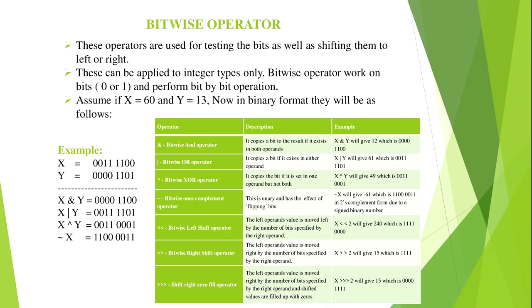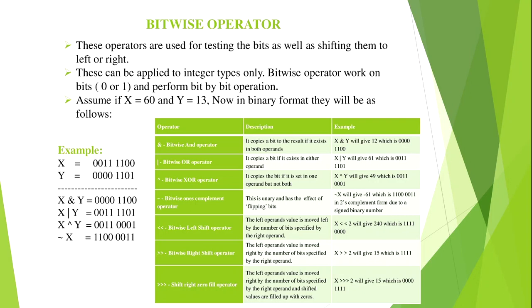And here I take another example: two variables x and y, x consists of the integer 60 and y consists of the integer 13. What I am going to explain here are just the basic bitwise AND, OR, exclusive OR and negation operators, which are generally used for the bits or the digits.